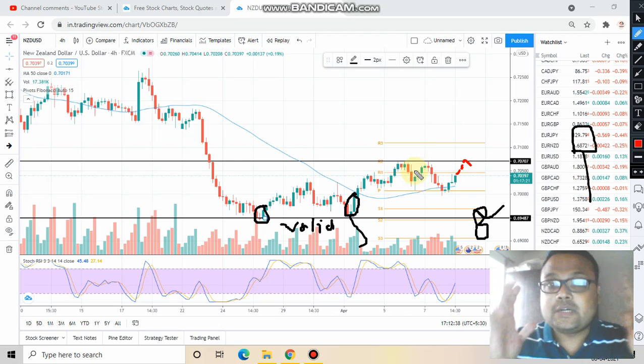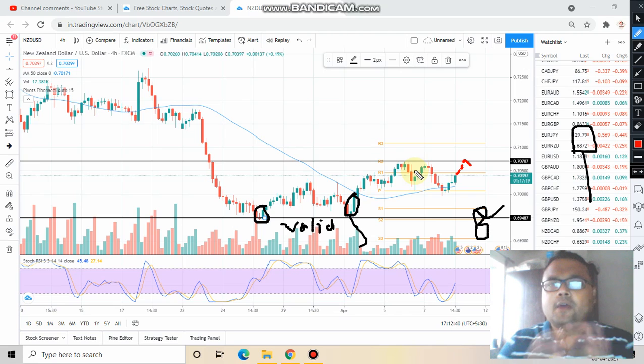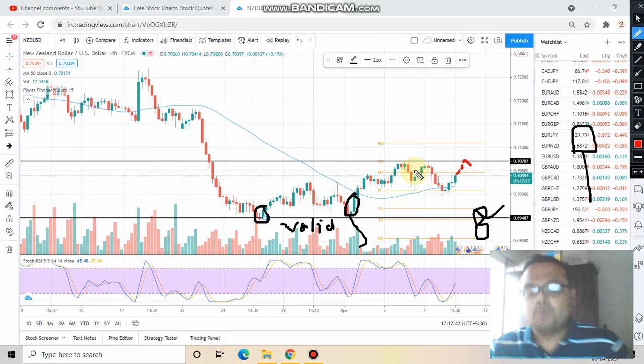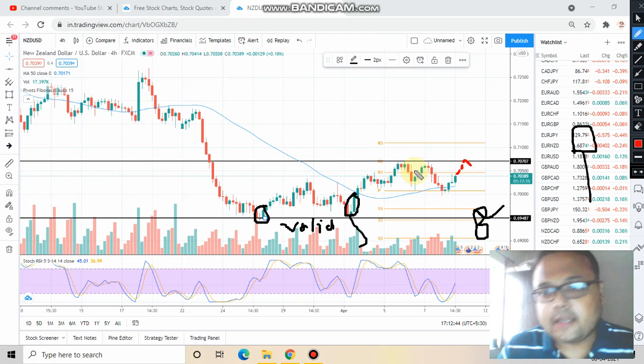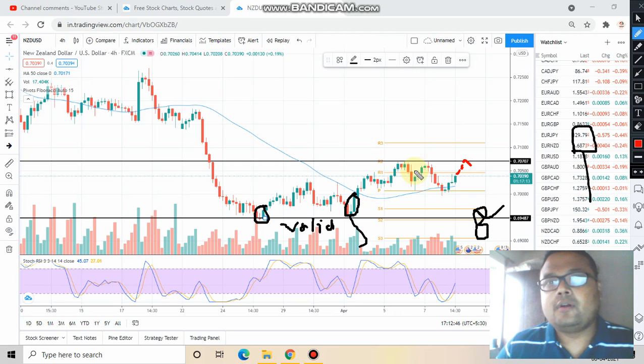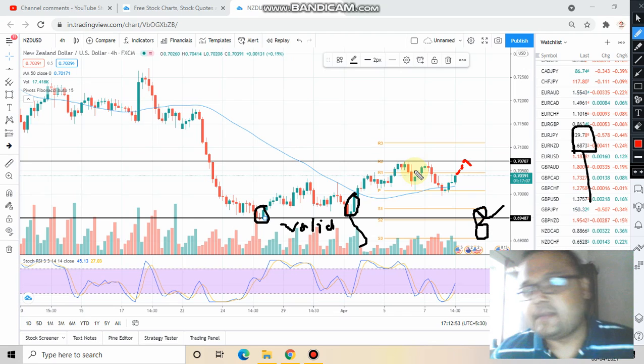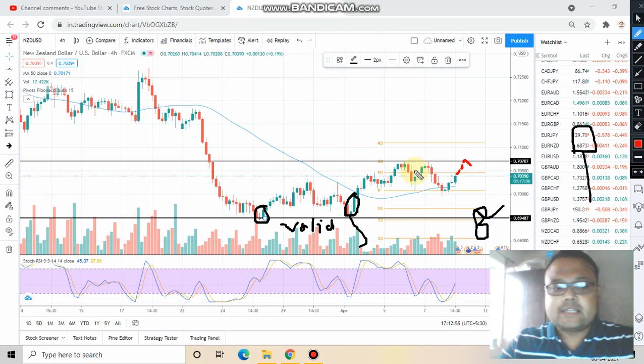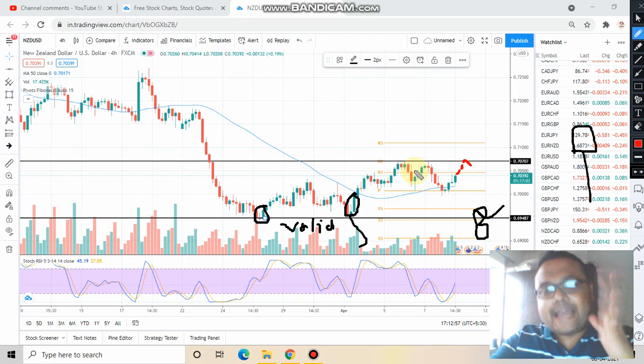Just try to understand the market psychology here. To make consistent profit from the market and to be in the market for many years, simply drawing lines and understanding the lines will not do. You'll have to understand the market psychology, and to understand the market psychology you need to understand the candles.